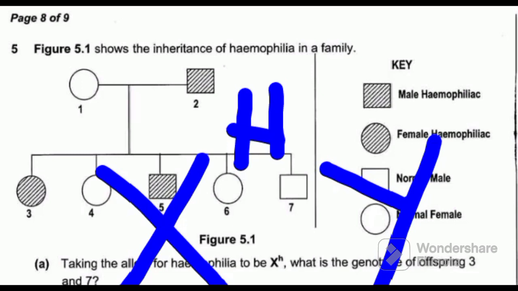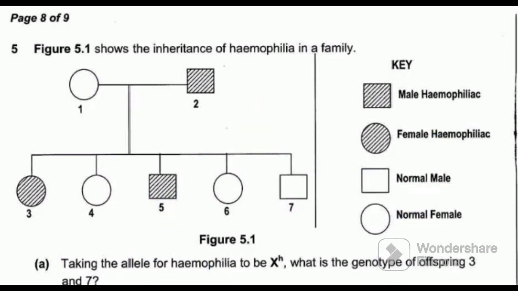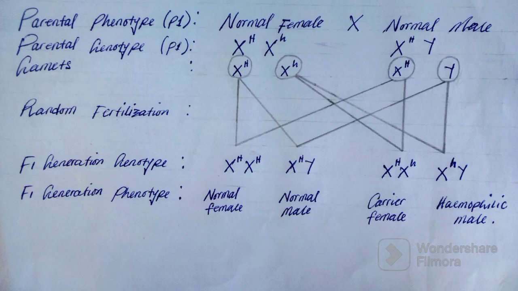Let us have a look at this crossing that I did. You first begin by writing a skeleton of a cross diagram. You begin by writing the parental phenotype, where you describe the appearance of the parents.